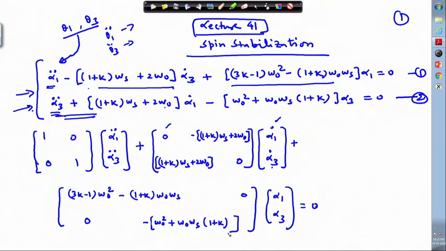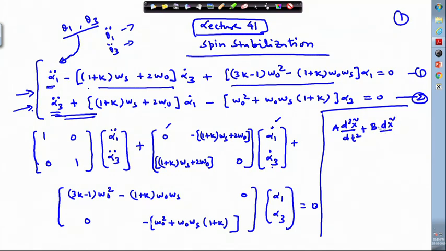So, if we look into this equation, it appears something like A times d square x tilde by dt square plus B times d x tilde by dt plus C times x tilde equal to 0, where x tilde is alpha 1 alpha 3.